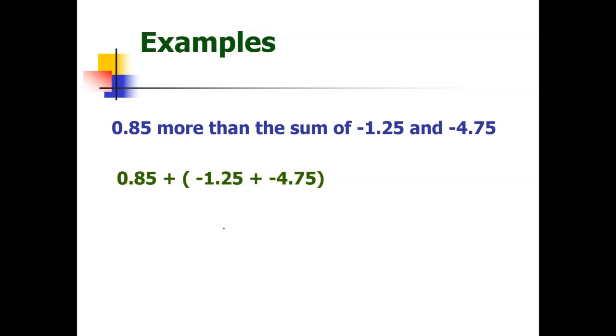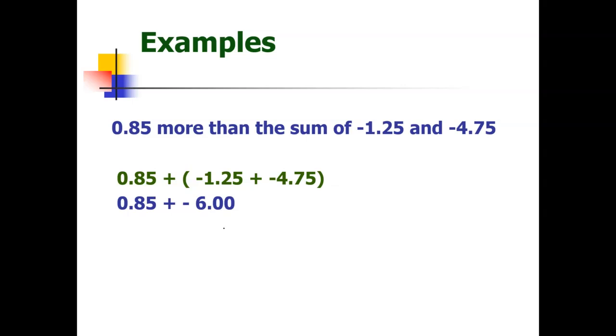Here we go. 0.85 plus, inside the parentheses, as you can see, I put both my decimals. Now I'm going to use rule number 1 inside the parentheses. Both are negative, so I'm going to add 1.25 and 4.75. That should give you 6, and then keep the sign negative. You can put the parentheses around it. I did not. Either way, it should be fine.